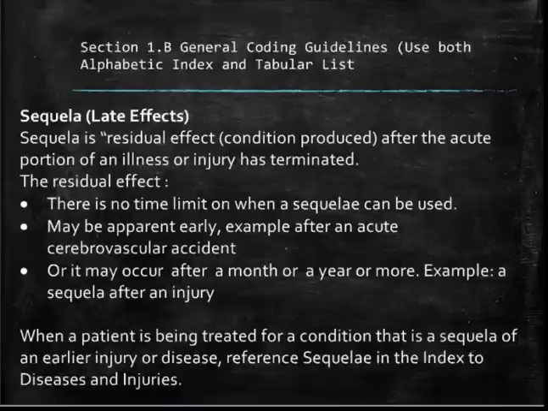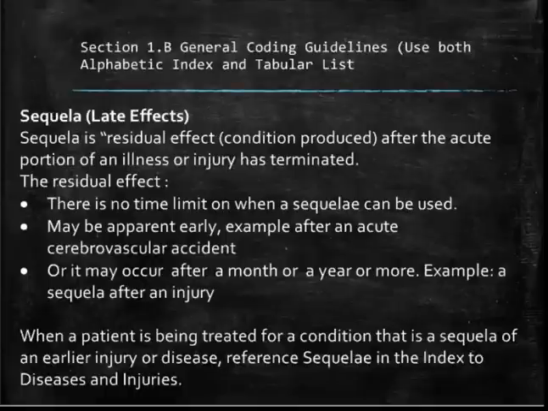That's a late effect. That's a sequela of the cerebrovascular accident. There's no time limit for when these codes can be used. These symptoms or a residual effect may occur right after the injury, like with a CVA injury, or it may occur a month or more later.